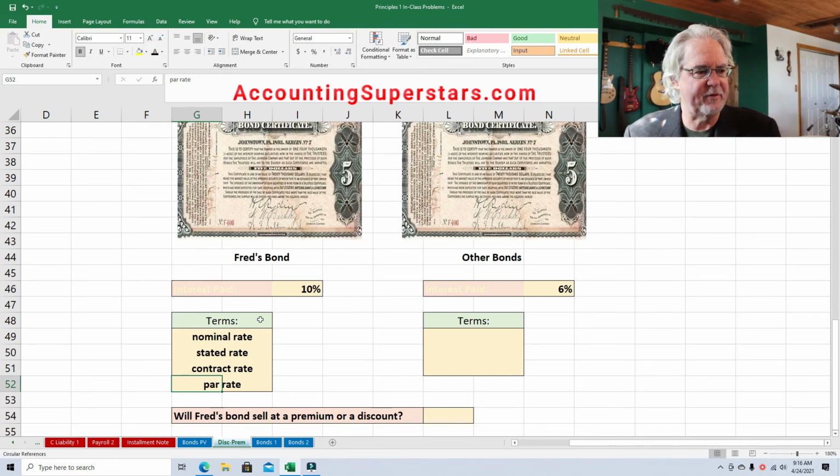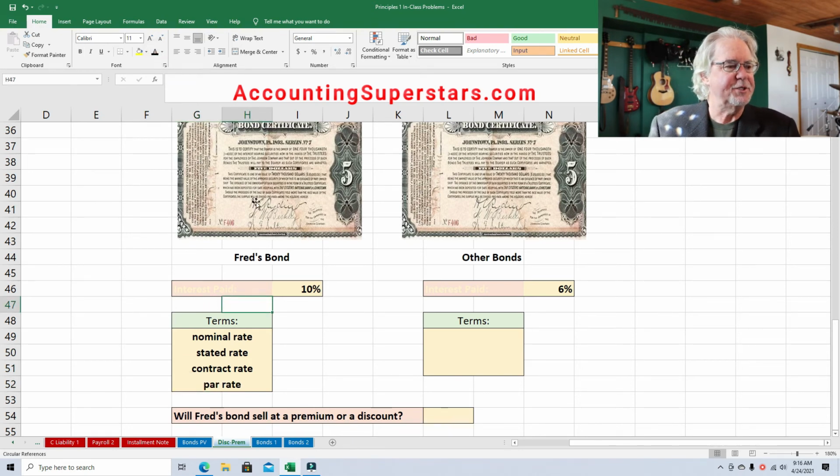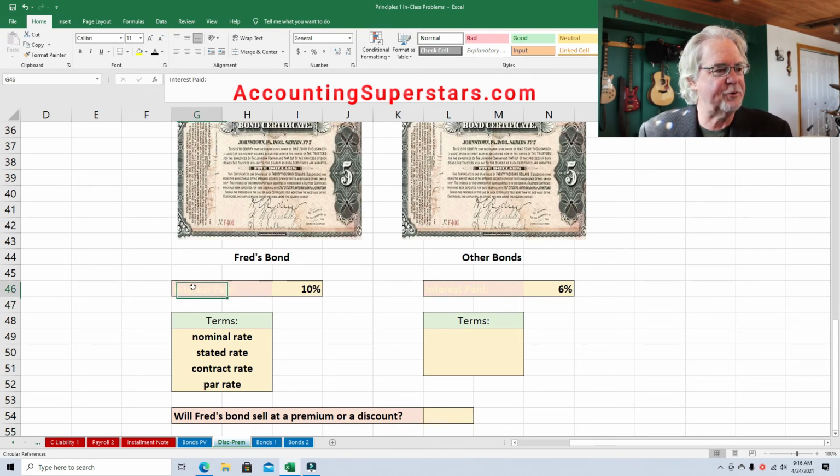And I don't hear par rate very often. I've only heard it a couple times. So anyways, these 4 words, they all mean the same thing. They mean the interest that Fred's bond is going to pay. 10%. There we go. Now, over here, the other bonds in the marketplace, they're only paying 6%.